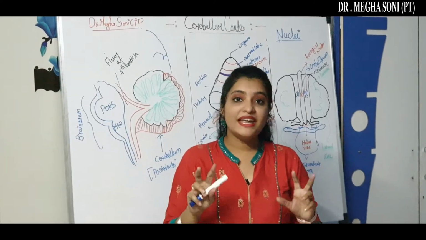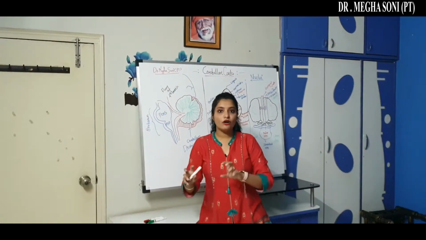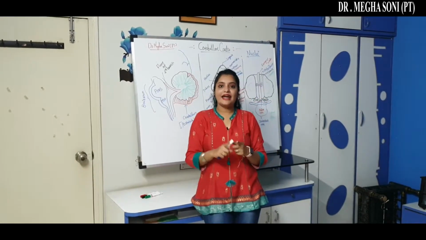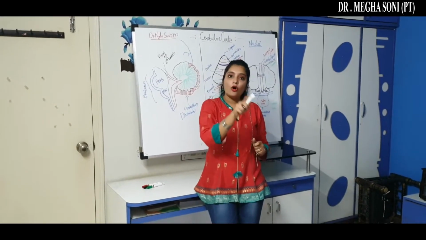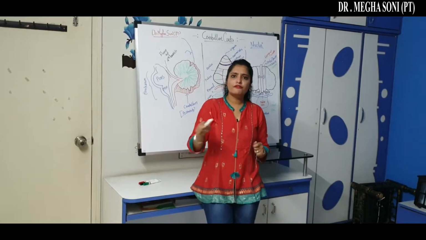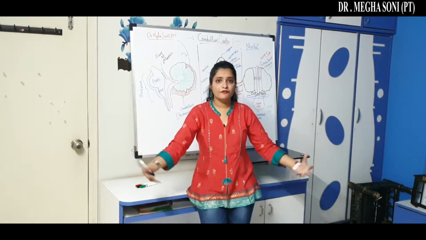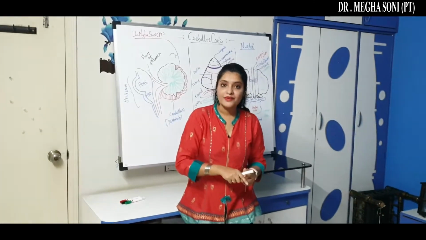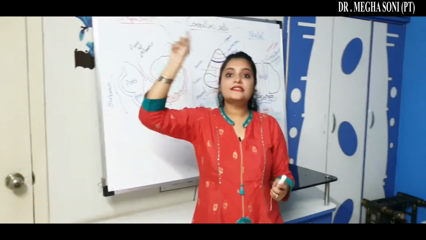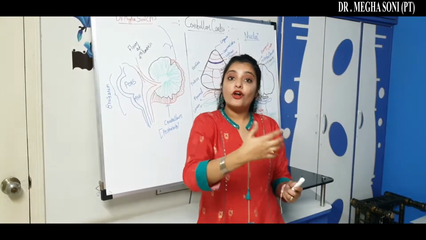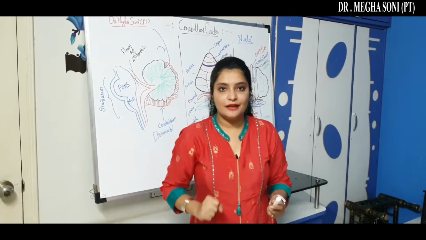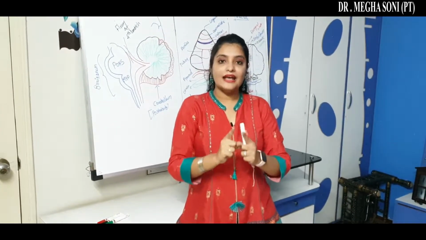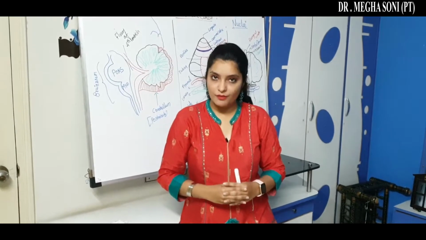Okay, so that is the main role of cerebellar cortex. Fine, cerebral hemisphere acts as a puppet, but all the programming and all the functions, all the information coming from the periphery are gathered, processed, and the final program is sent to the cerebral hemisphere from basal ganglia and cerebellar cortex. That is why the cerebellar cortex acts as an important part of our body.